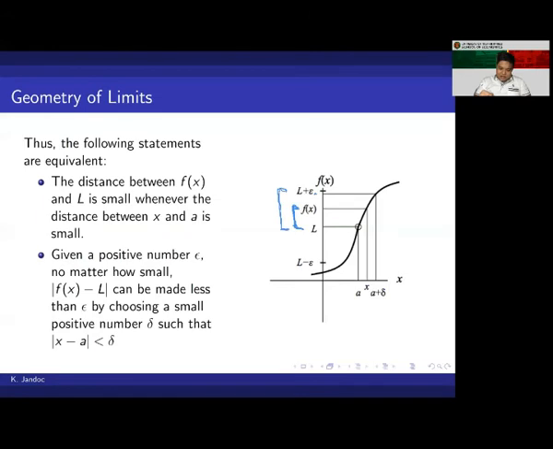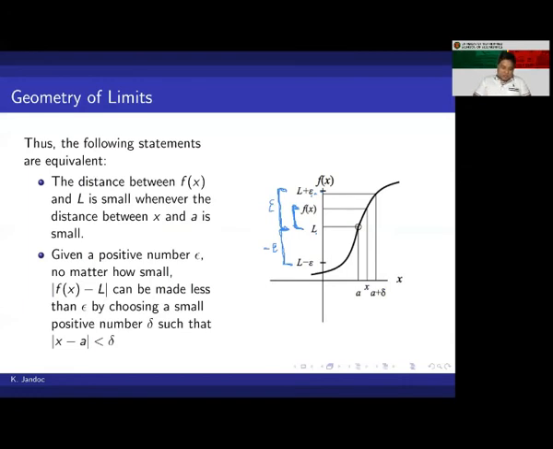So you have L here, and if you add epsilon, then this is the new value. So this distance is actually epsilon. And this is the same as this distance where you net out epsilon. So this distance over here is epsilon, this distance is negative epsilon, so the absolute value is epsilon.